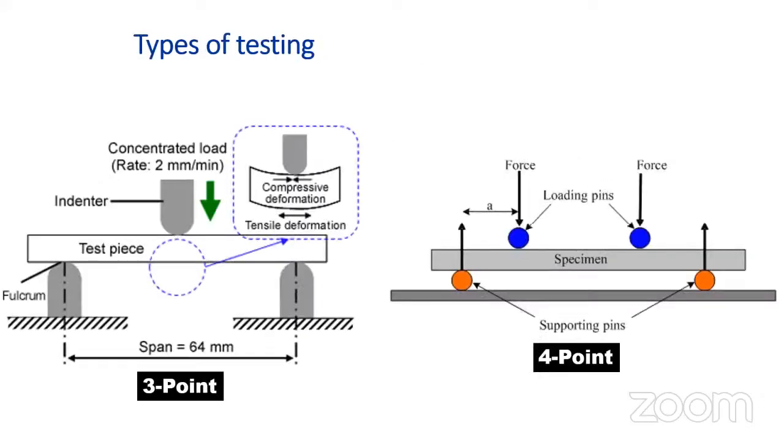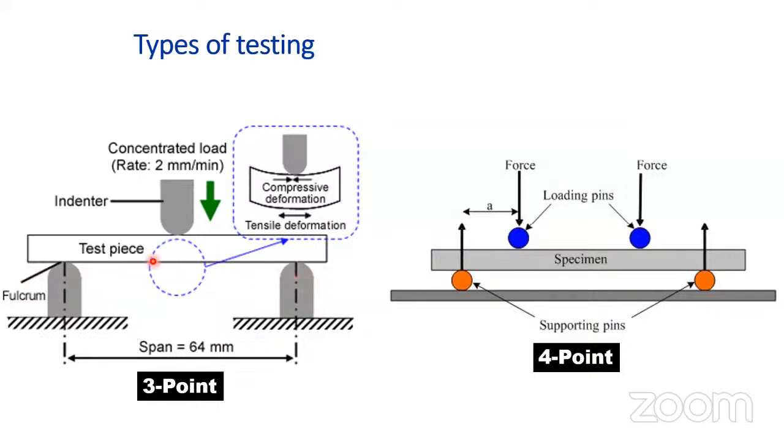So here you can see the presentation of this test method. First, on your left-hand side, is the 3 point bending. Can you see this red cursor here? Yes, sir. So this is one point and this is the second point.